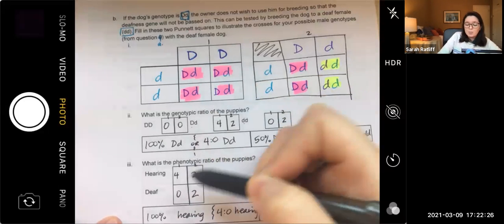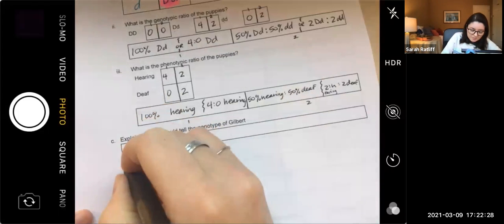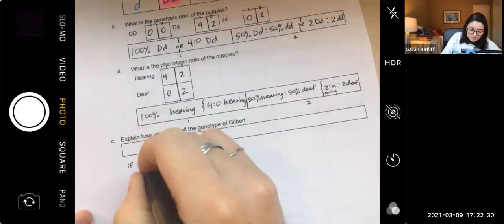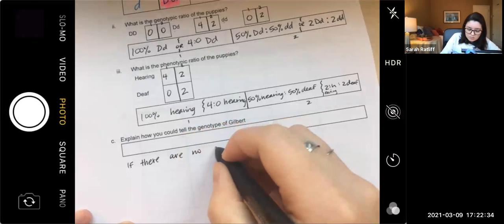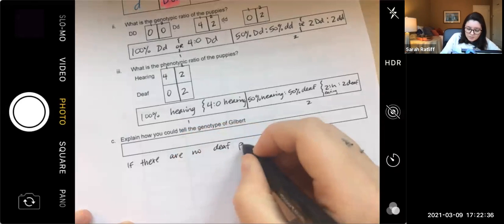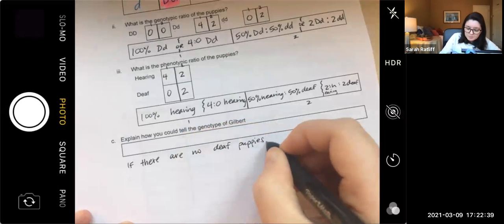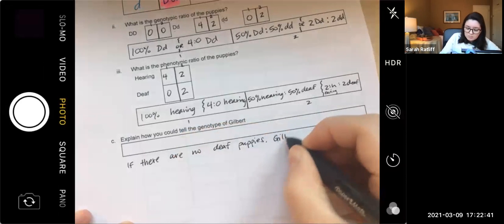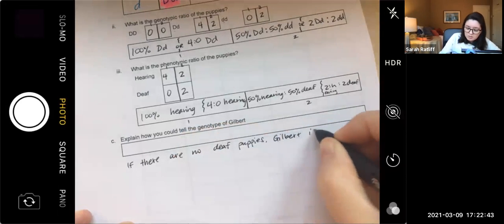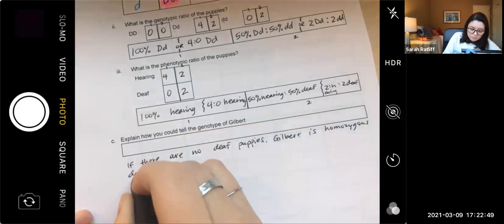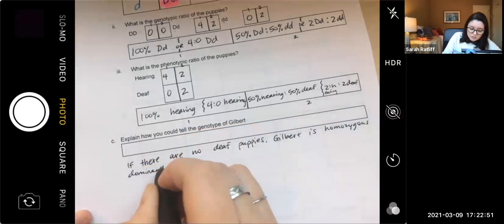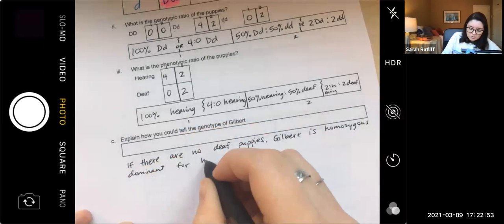So if the breeder gets no deaf puppies, Gilbert is homozygous dominant for hearing.